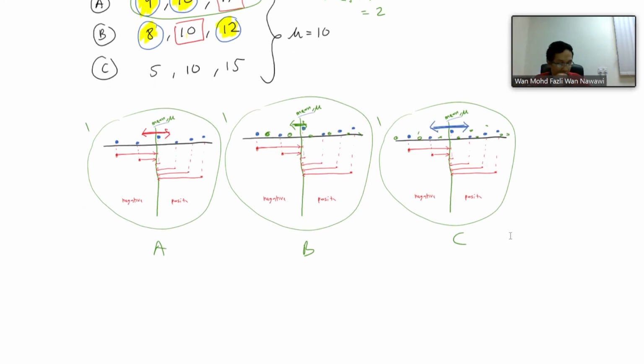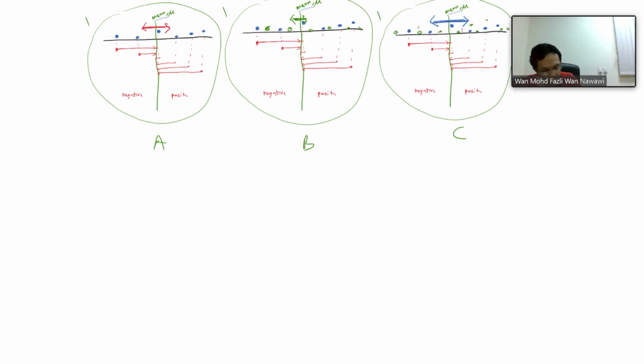So what does standard error mean? You try to draw all of this with the same mu. Let's say I take the average of all the mu, and then I put all the standard deviations overlapping each other. For example, here you have from here to here, the red one, the green one maybe from here to here, and the blue one maybe from here to here.